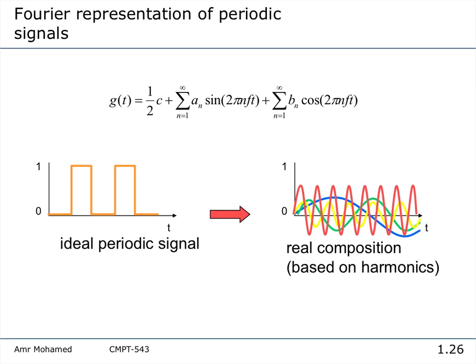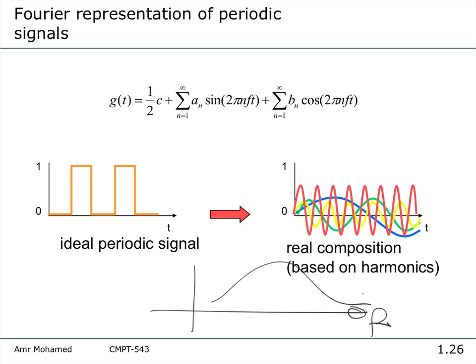Otherwise, I will end up with an infinite number of signals, which means that technically the signal representation in the frequency domain will probably be continuous, meaning I have infinite values of frequency to represent this signal.